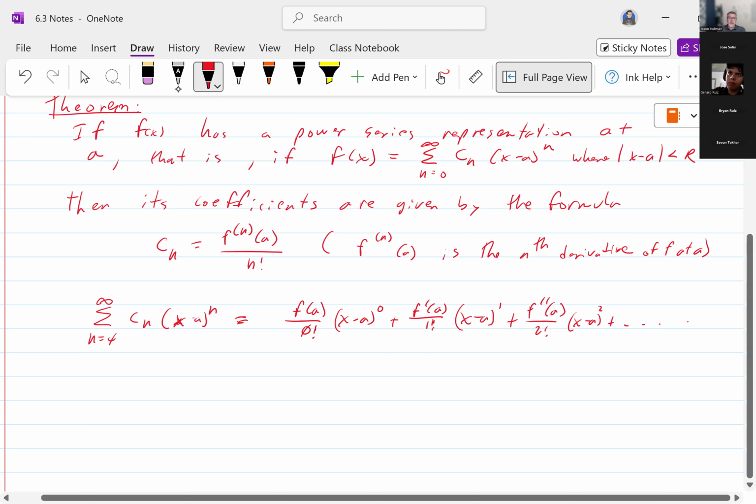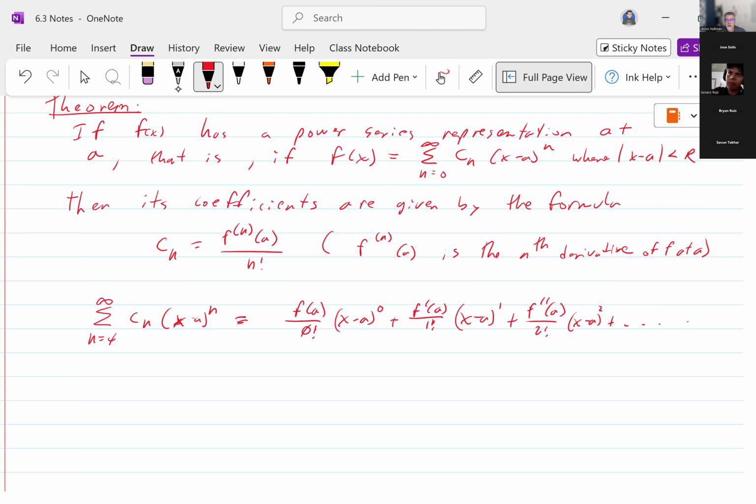Okay, so we can generate a power series based on a function by using this algorithm, this recipe, so to say.